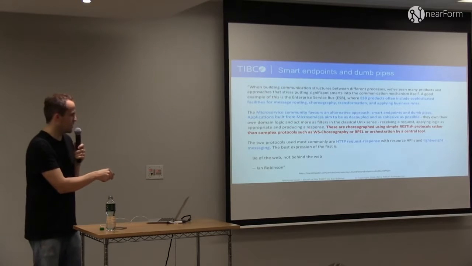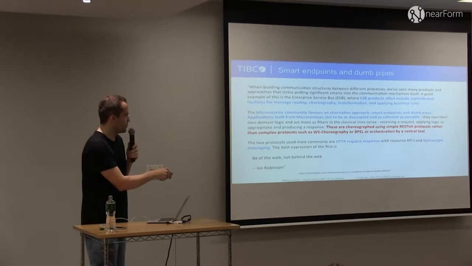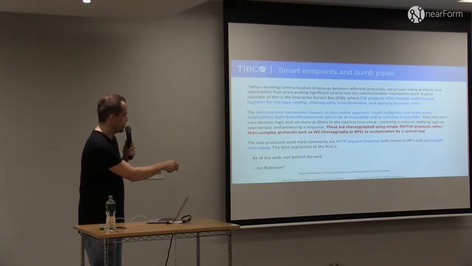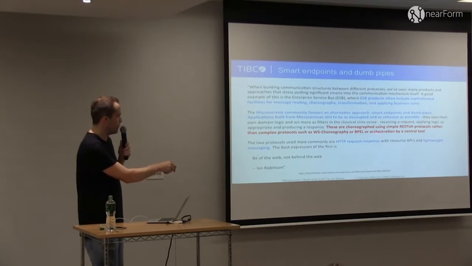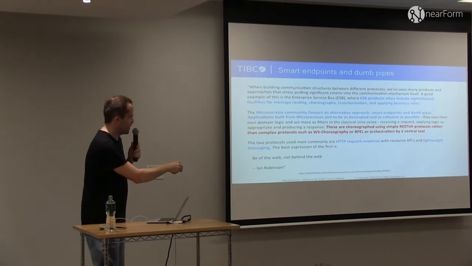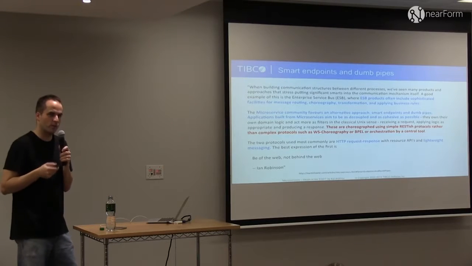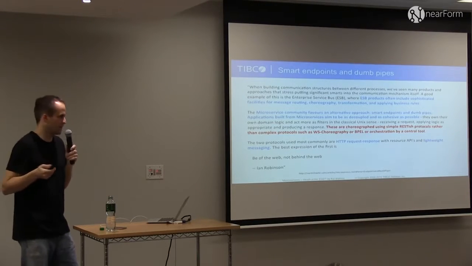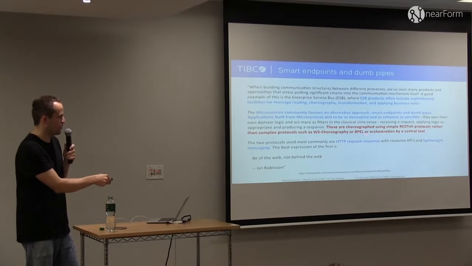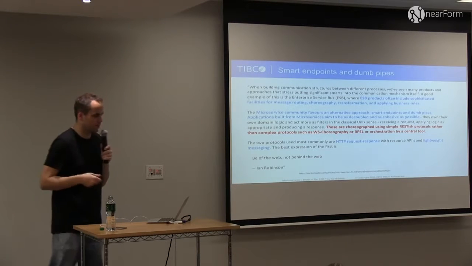What I don't like, if you read the red part, is that these are choreographed using simple REST protocols rather than complex protocols such as WS choreography or BPEL or orchestration by a central tool. That's why I explained for a long time in the beginning the term ESB and what our ESB is, because it's simply not true, with all these definitions, that an ESB is a central broker that uses BPEL and WS choreography and so on.